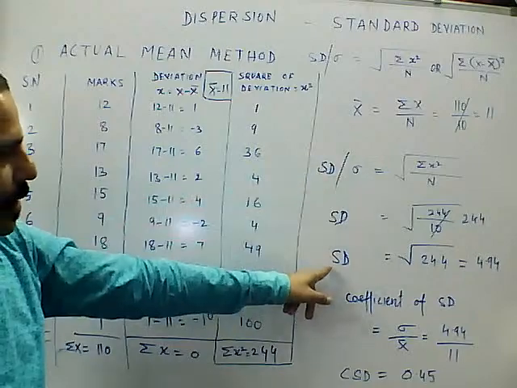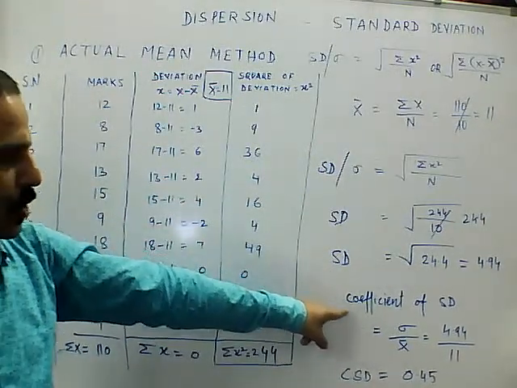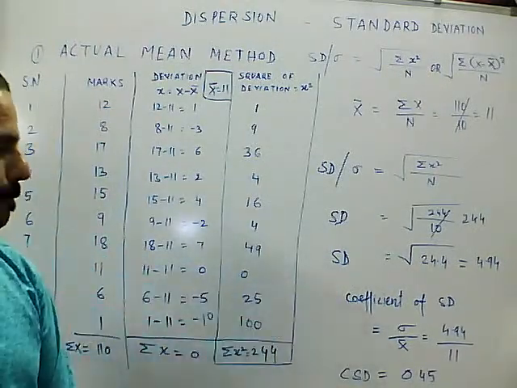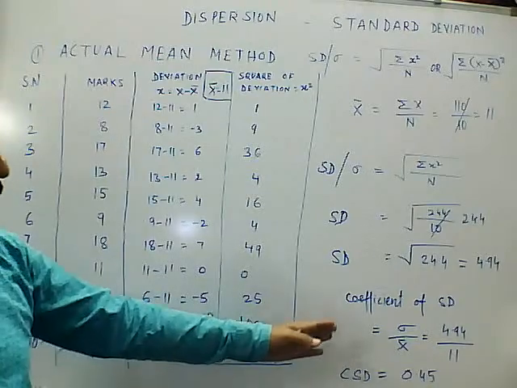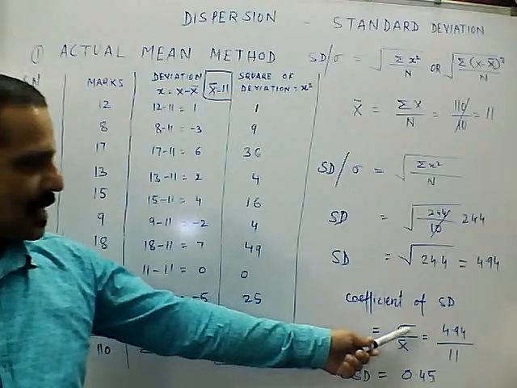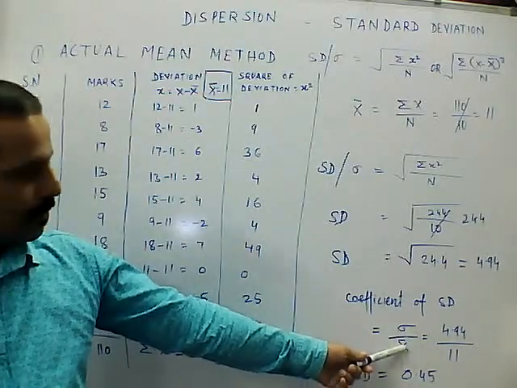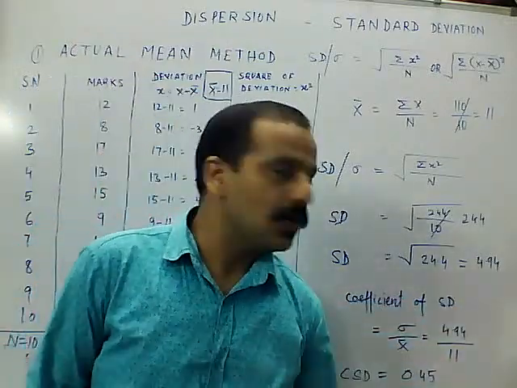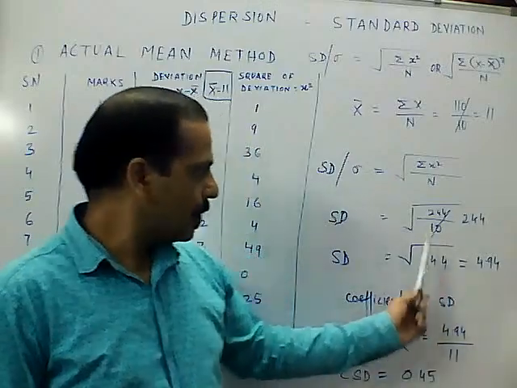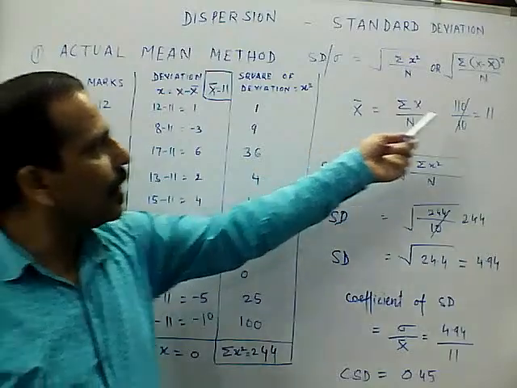Now standard deviation itself is an absolute number. Now the coefficient of standard deviation is a relative value. The formula to find the coefficient of standard deviation is standard deviation upon mean. So the standard deviation is 4.94 divided by the mean, the average marks, 11.